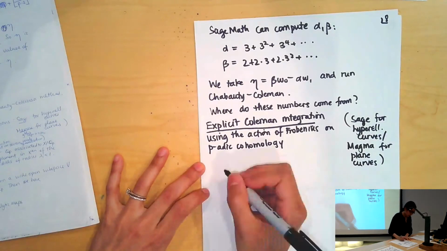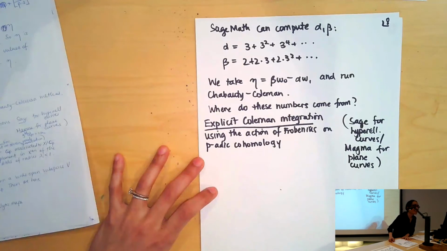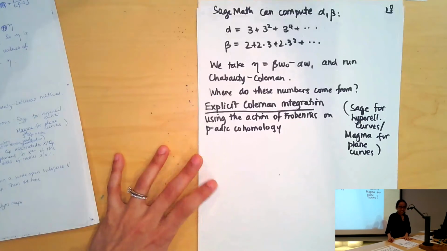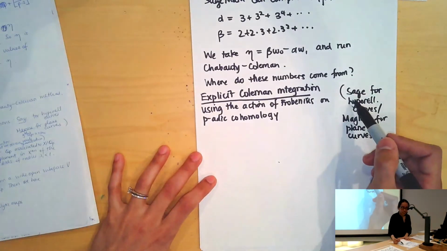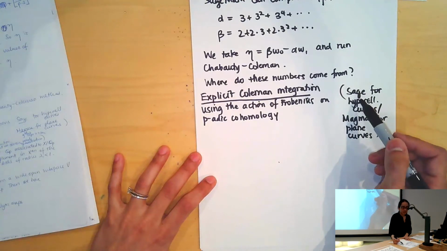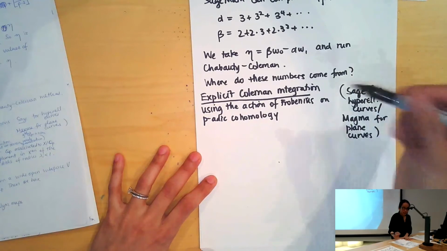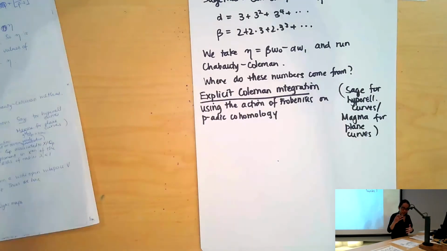Is one always better than the other? I don't know. The Sage implementation has been out for about 10 years now, so it's fairly robust. This was work of Robert Bradshaw, Kiran Kedlaya, and myself, and maybe some others along the way as bugs have been found.